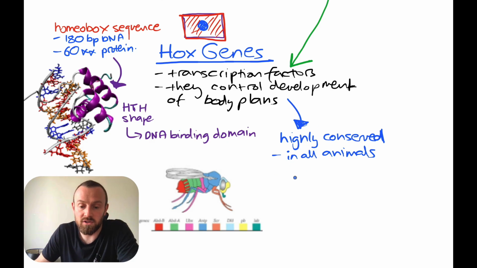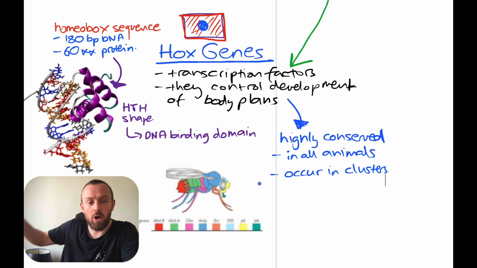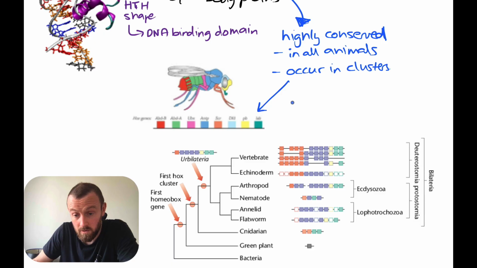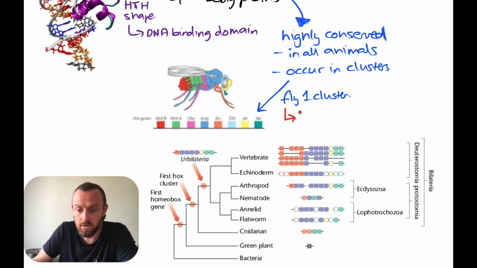And they occur in clusters. And they're arranged along a chromosome. So here's one cluster, fly, one cluster. But at some point during the development of organisms and the evolution of animals, these clusters got duplicated. So vertebrates, like us, humans, have 4 clusters.